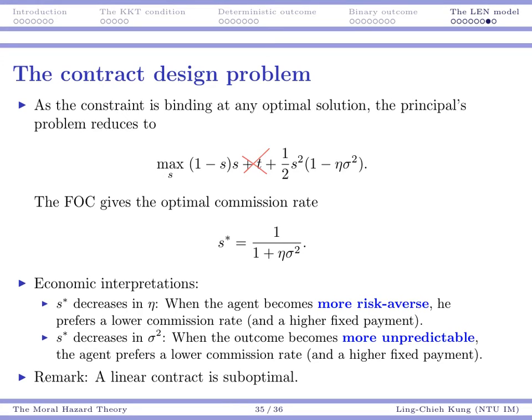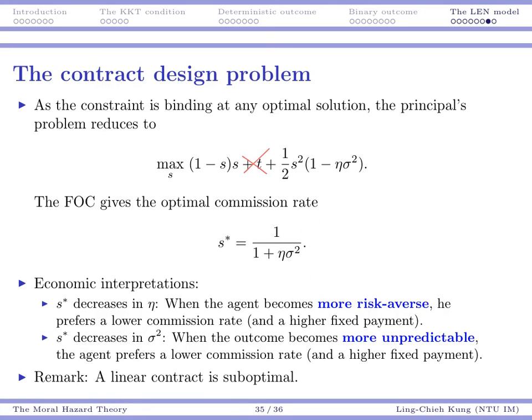Because I am risk averse, then if the outcome is more unpredictable, I would really hate commission rate because that gives me a lot of risk. Then I would again prefer a higher fixed payment. Okay, so that's something showing that this commission rate or this compensation plan makes sense.